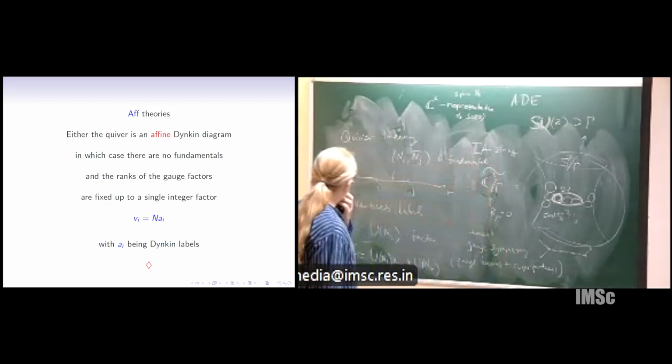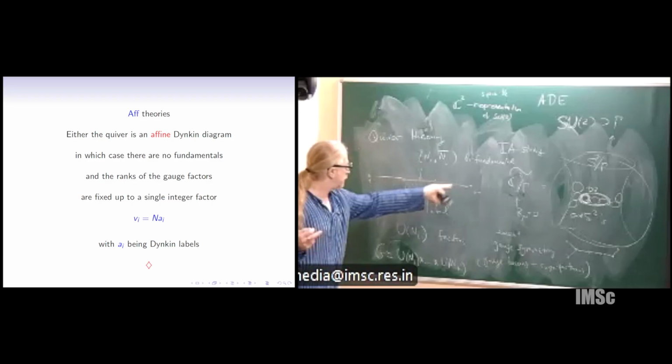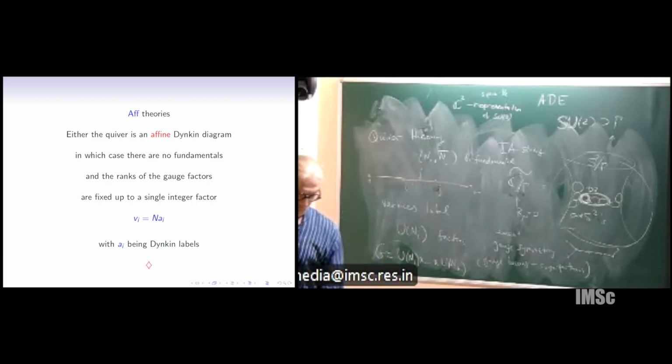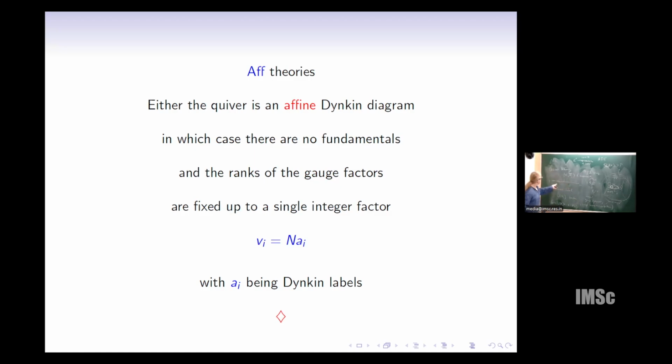So the simplest types of theories are those for which the running of the gauge coupling, actually couplings, since for each factor you have its coupling. Because you have matter fields, there might be non-trivial one-loop renormalization, and it turns out that there is a finite number of ways of arranging the gauge factors and matter fields in such a way that in the ultraviolet the couplings don't run.